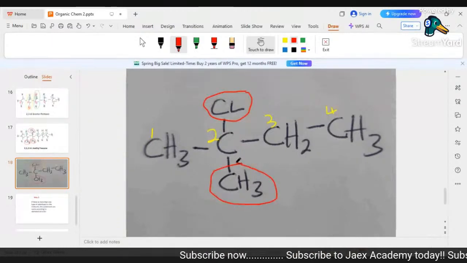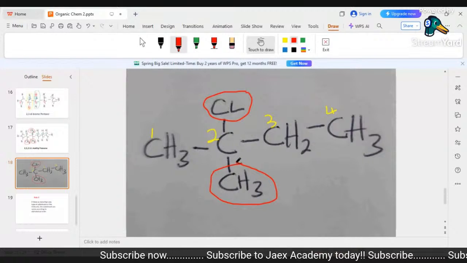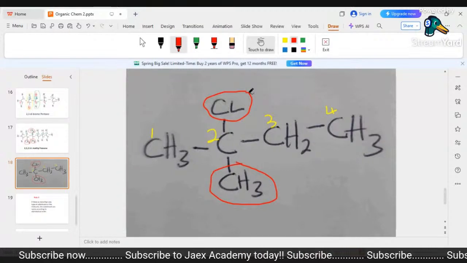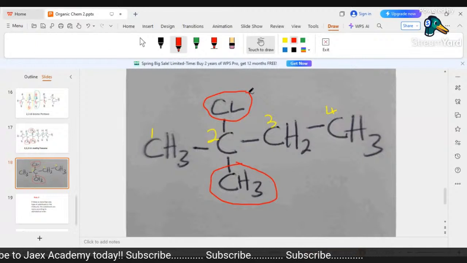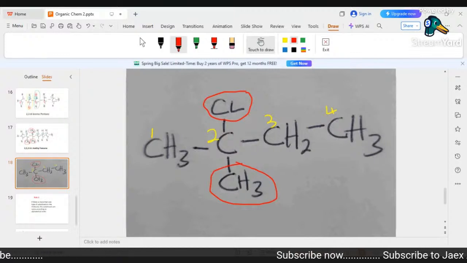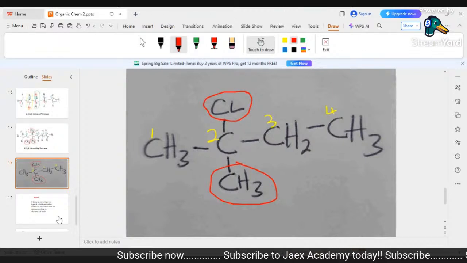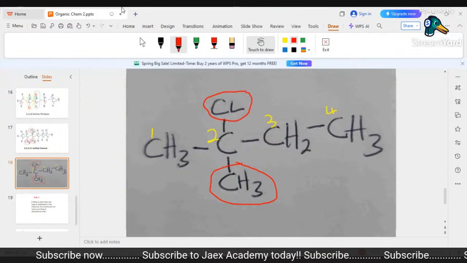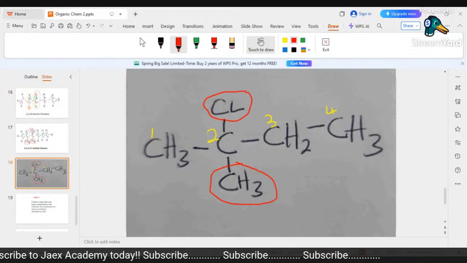the substituent. So now we have two different substituents here. We have chlorine and we have methyl. So rule 5 is saying that if there are two different substituents, how you go about it is use alphabetical order.